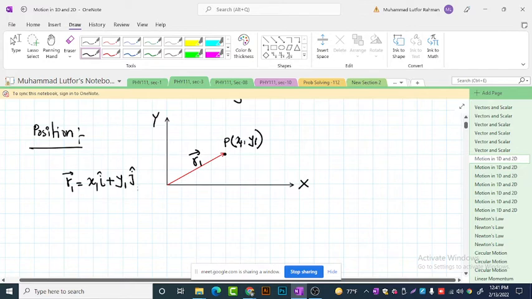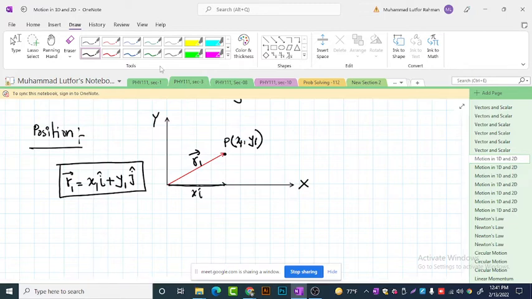We write that using the vector triangle law: this is your x coordinate, and if you multiply it by i hat you get that vector, and likewise for y. That's how we write the position vector r in the Cartesian coordinate system.